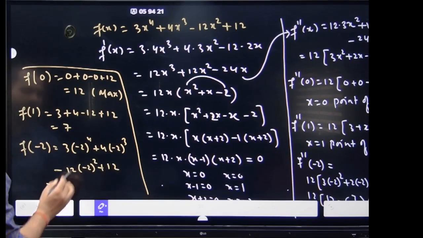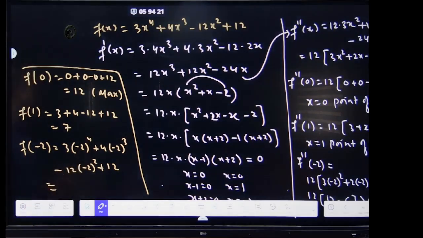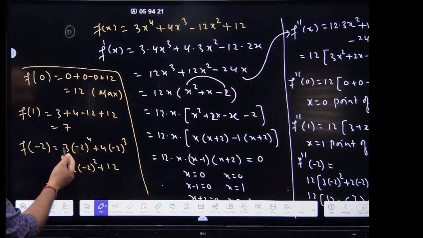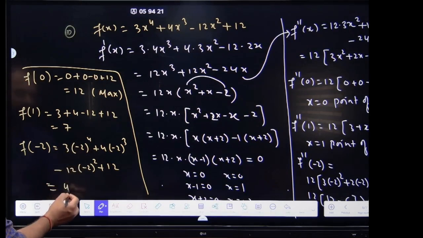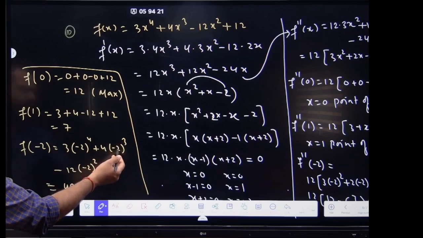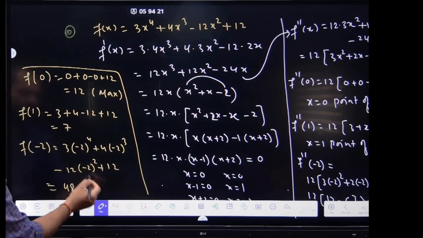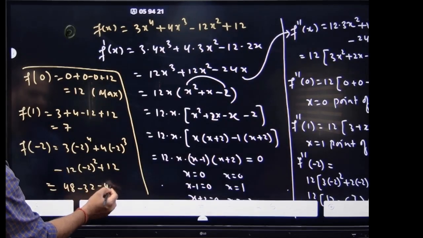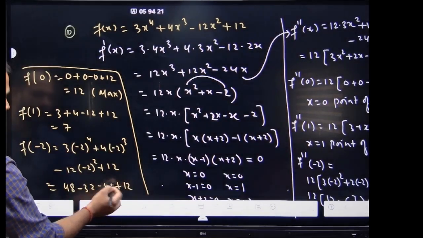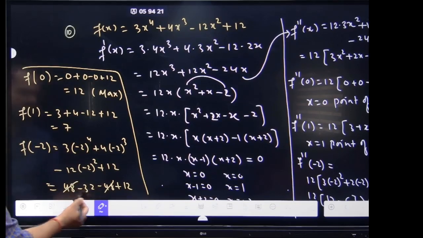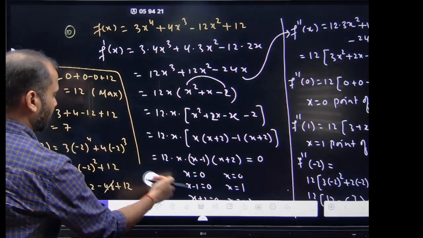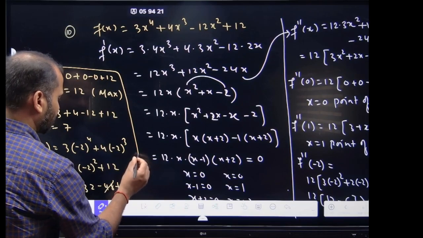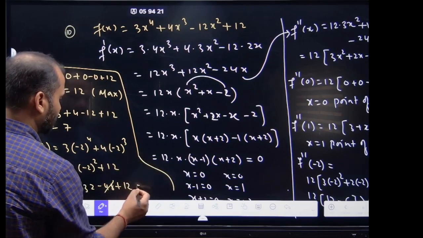If you solve, 2 to the power 4 is 16, right? 16 into 3, 48. Yes or no? 2 2s are 4, but negative it will be 8, minus 32, 4 minus 48 plus 12. So, 48 gets cancelled. This 2 if you subtract, what will it be? Minus 20.